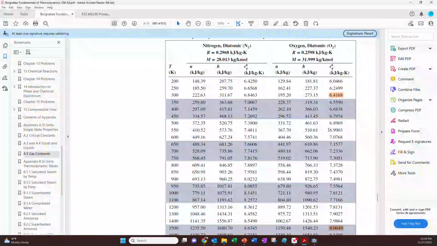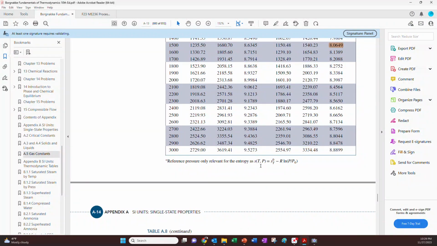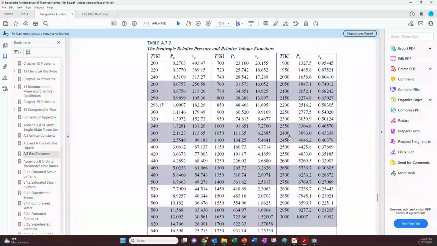While we're back here, it might tell us somewhere, reference pressure only relevant for entropy as a function of temperature and pressure. See, there you go. That's what the little asterisk is about, and a mass basis right there. It even tells you there at the bottom.